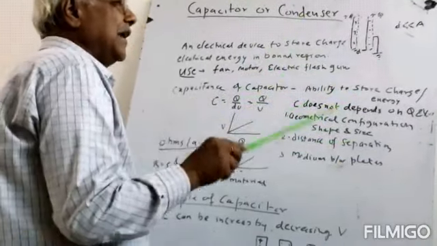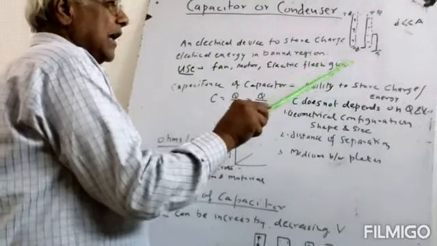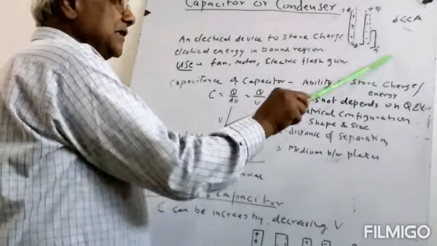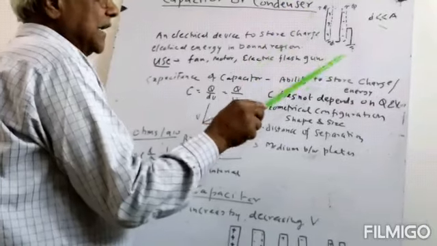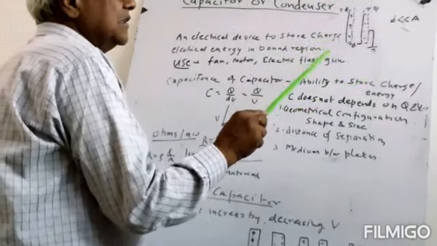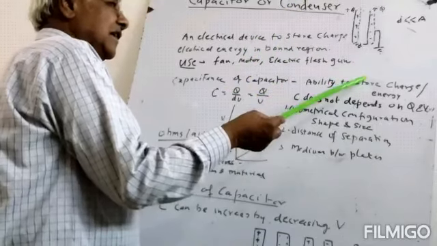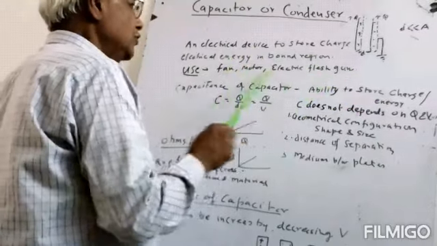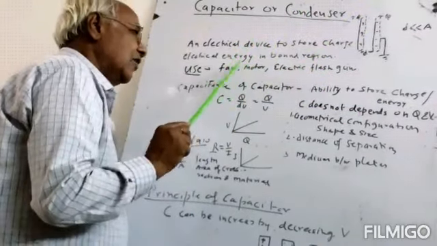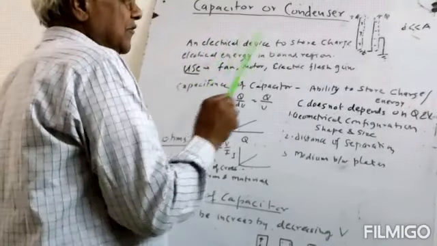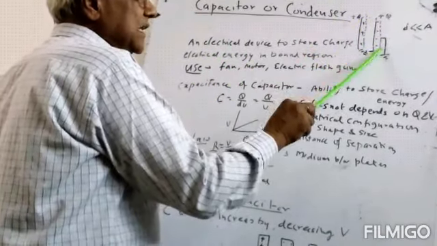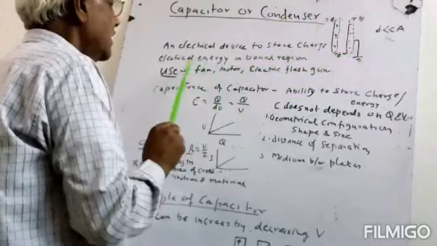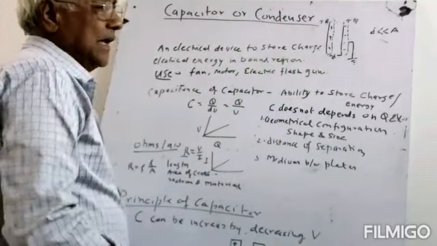To start the fan and the motor, at least 20 ampere current is required, whereas when the fan or motor is running, the consumption of current is hardly 1 ampere to 2 ampere. So, to start the motor or fan, we require the capacitor. The capacitor will give the energy instantly when required. Now, the second thing we can use it in is the electrical flash.